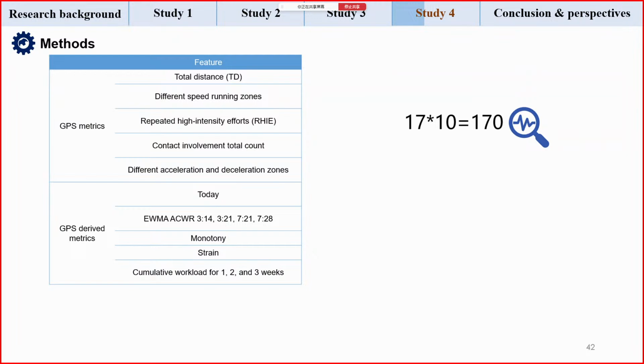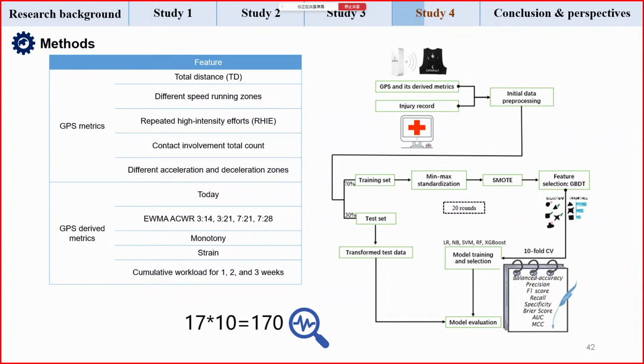So finally, we got 170 features. We then split the data into training set and test set. The training set is standardized, and to deal with the imbalance between the injury and non-injury samples, we used SMOTE to generate more injury samples to balance the data set.